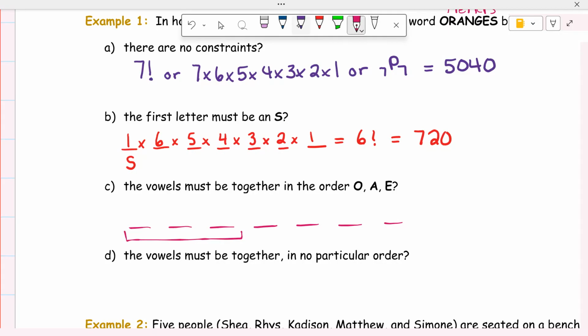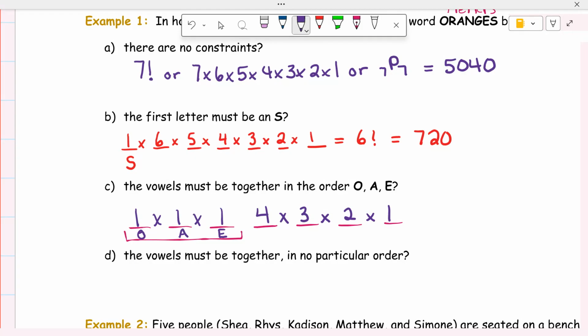So it has to be an O and A in that order. If they have to be in that order, how many choices for the O? 1. A is 1 and E is 1. How many letters are left over? 4. So then it's 4 times 3 times 2 times 1.